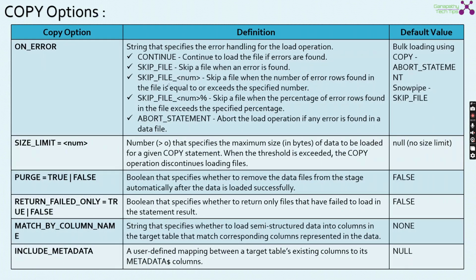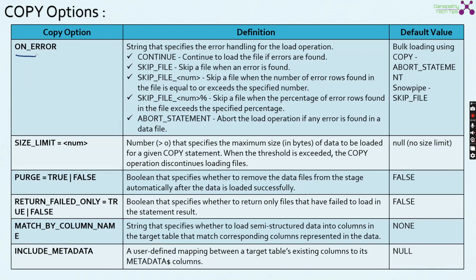Why? Because the copy options provide us with a lot of useful information which can be used while loading the data into Snowflake. So please see this table. This table contains all these details: the copy option, the definition of that option, and the default value for that specific option.